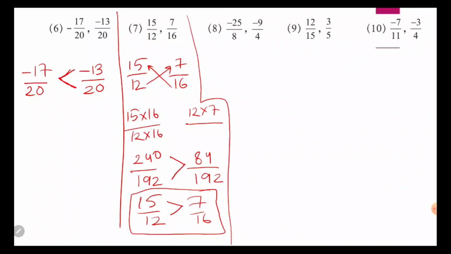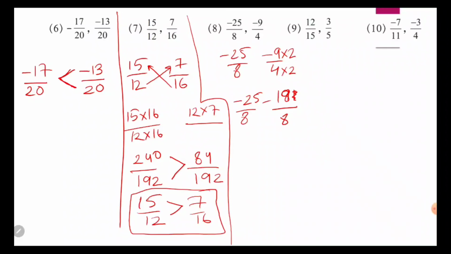Okay, now next is minus 25 upon 8 and minus 9 upon 4. Again I'll be saying that इसे cross multiply करने से अच्छा, what we will be doing, we will be multiplying 4 by 2, ताकि ये क्या बन जाए, this will become 8, and again if I multiply it with 2, then this will become 18. So क्या होगा यहाँ पे, minus 25 upon 8 and here it will be minus 18 upon 8.